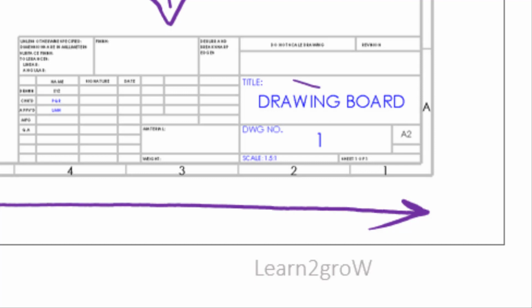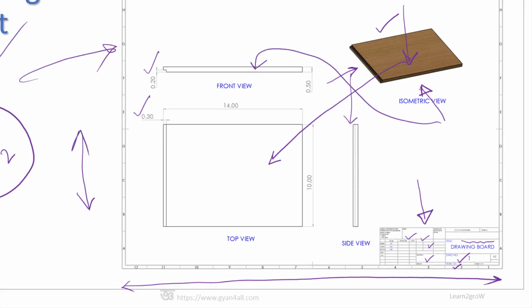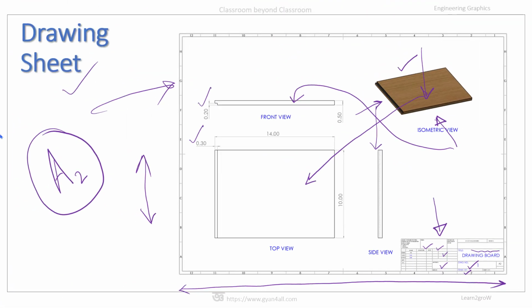Say title is, say, drawing board. This is the drawing number, and this is, say, scale used, and all other information can be filled if required. So this is for the sake of demonstration only. I think this is enough for the drawing instruments.